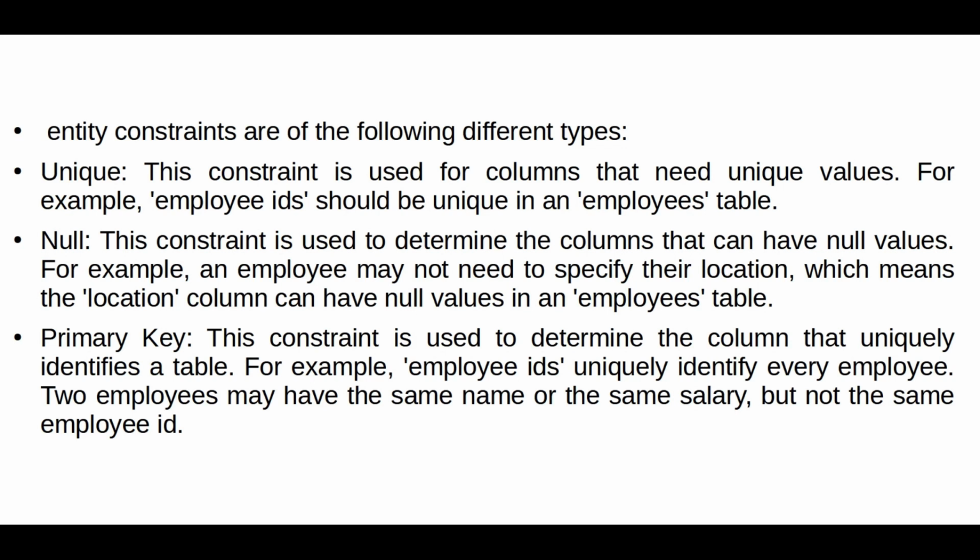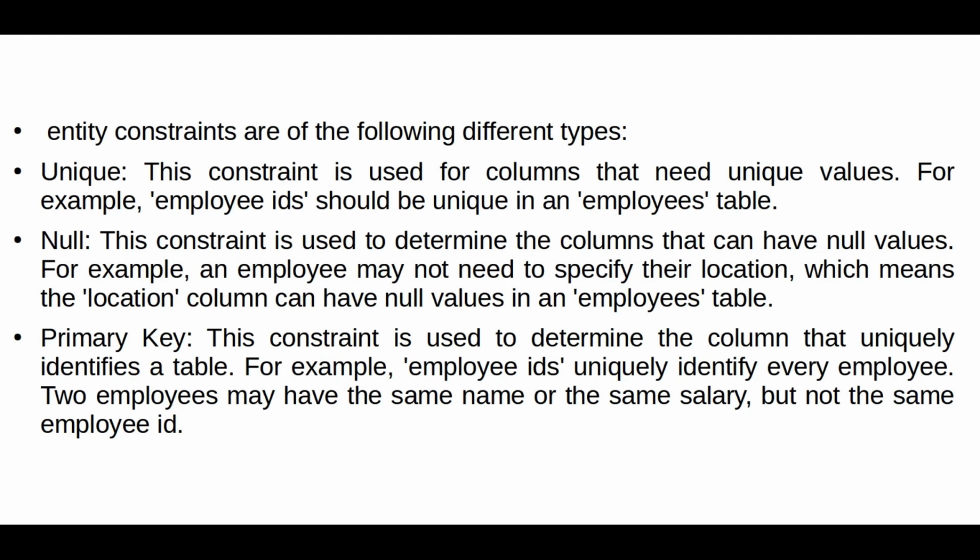Like if any employee is joining an organization, before joining we have everything, but the employee ID is not there because there is some process after joining, and then we generate the employee ID. So in that case, a null value should be there.